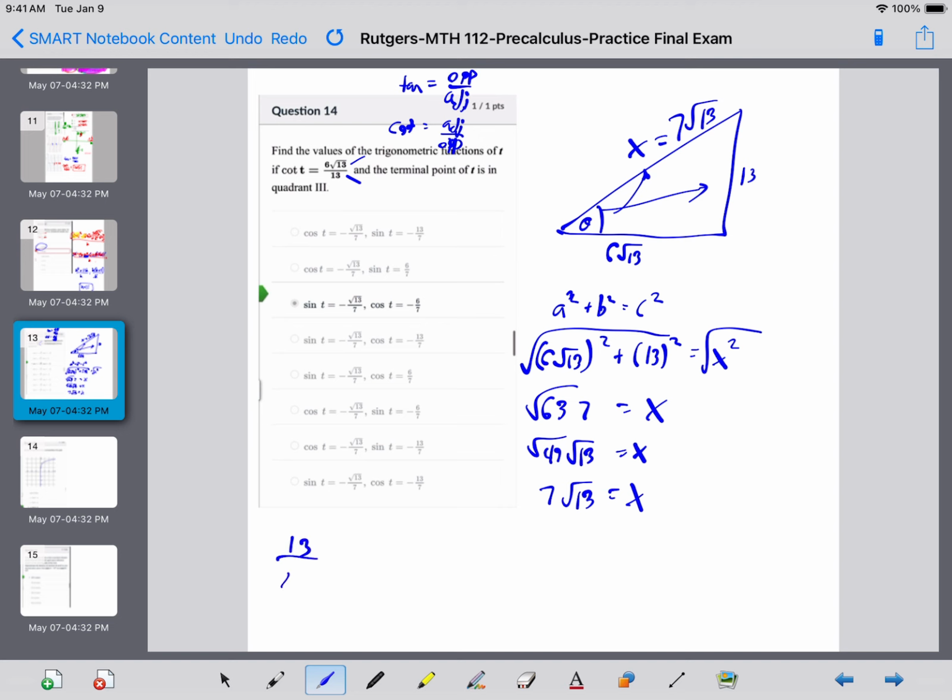So 13 over 7 radical 13, which you could multiply by square root of 13 if you'd like. So then the square root of 13 times square root of 13 is 13. The 13 cancels out. You would get square root of 13 over 7.